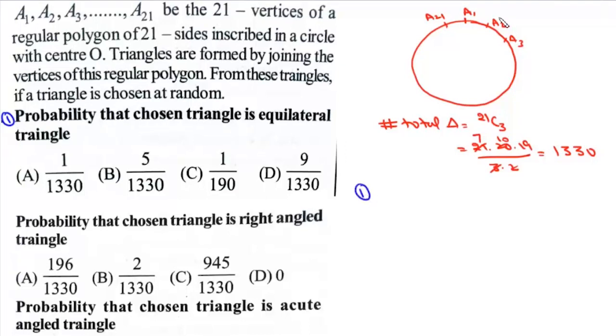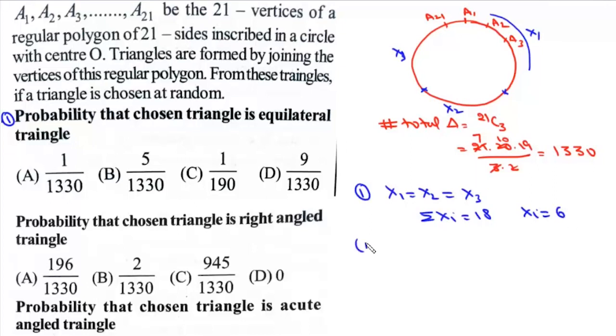Now it will be an equilateral triangle if the number of vertices between the three chosen vertices is the same. So in that case x1 must be equal to x2 and it must be equal to x3. Now the sum of x1, x2, x3 will be 21 minus 3, which is 18, and since it is 3x1, each xi must be 6.